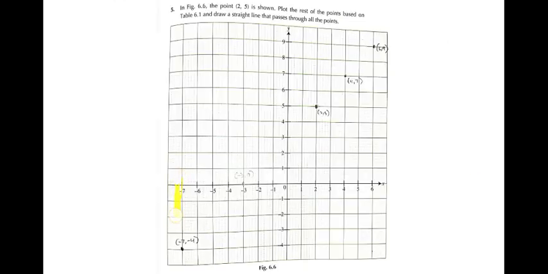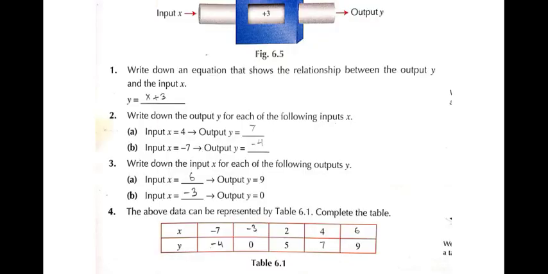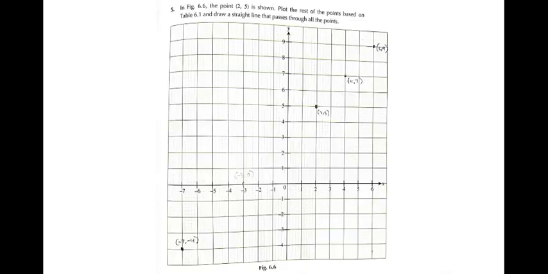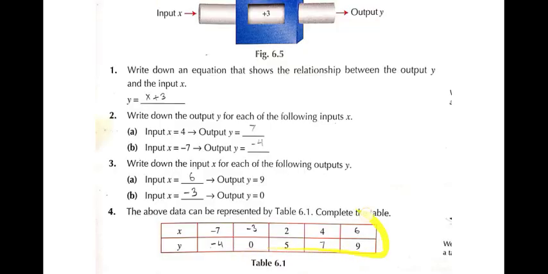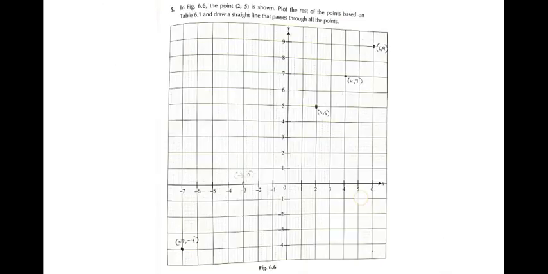Negative 7 for the x and negative 4 for the y. And then they will meet here. So plot the point. And then the rest, negative 3, 0: negative 3 for x and 0 for y. So exactly here. And so on until 6, 9, which is 6 and 9 here.